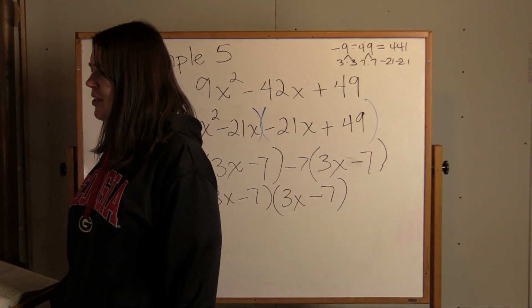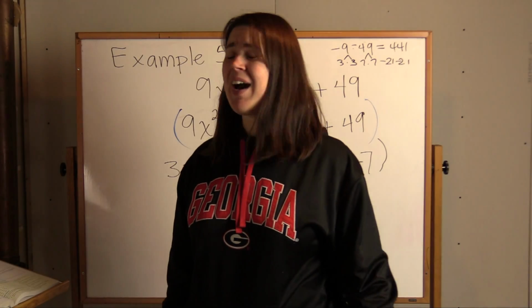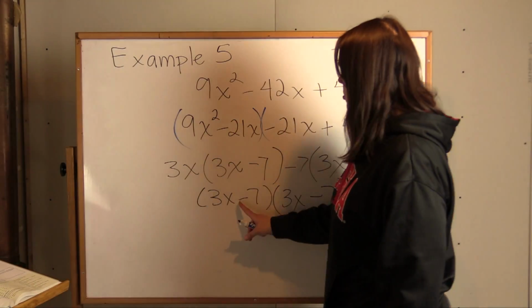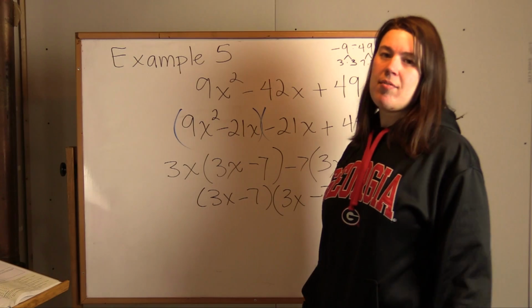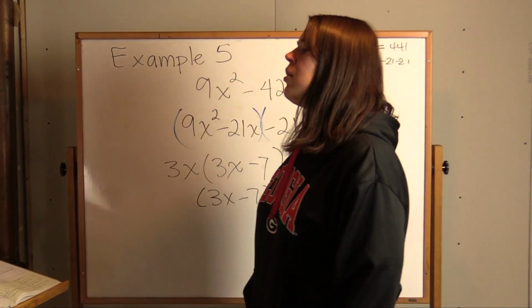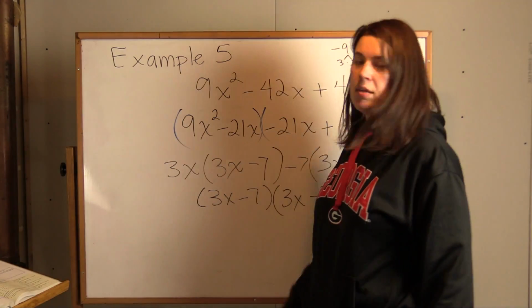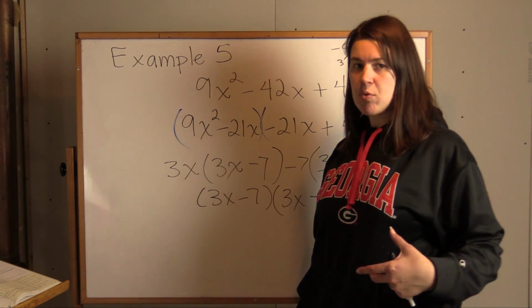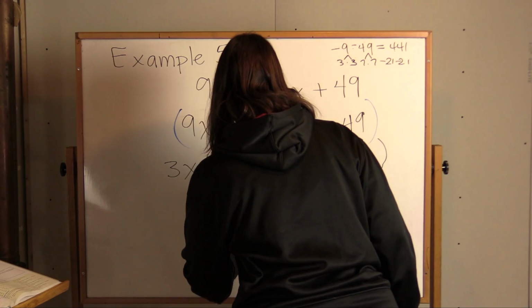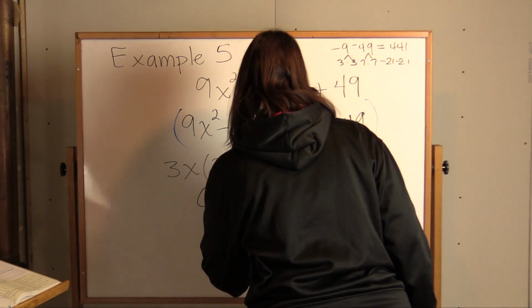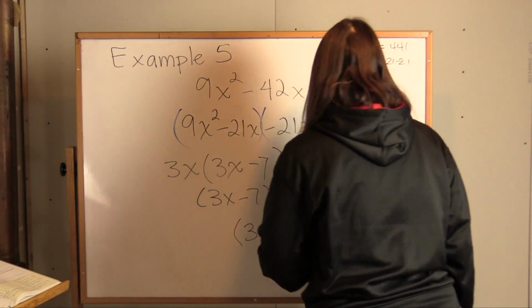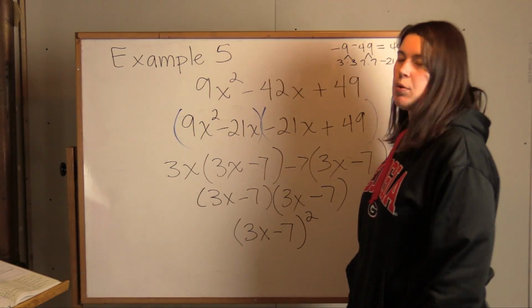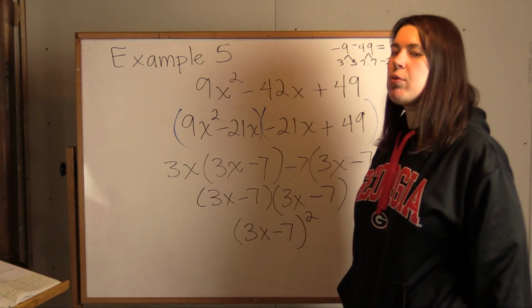If you end up in your final factored groups with identical binomials, so 3x minus 7 and 3x minus 7 are identical, don't keep it looking like this. You need to rewrite it as a square. So what I would do is, since I have 2 of them that are the same, I write it once and I put a 2 up here to show I have 2 of them.